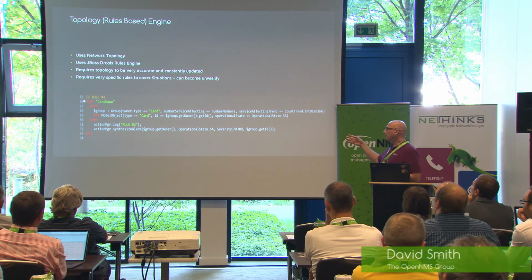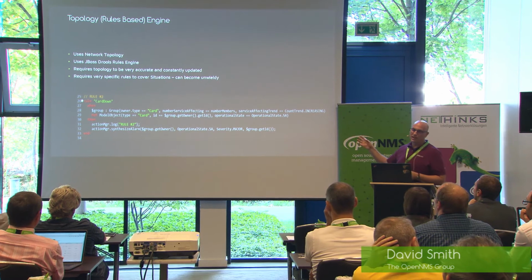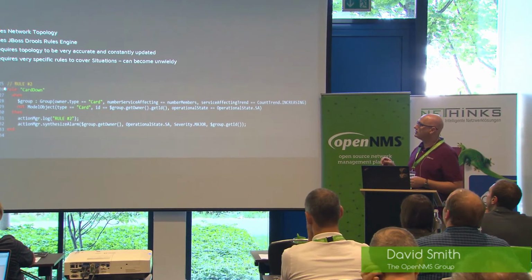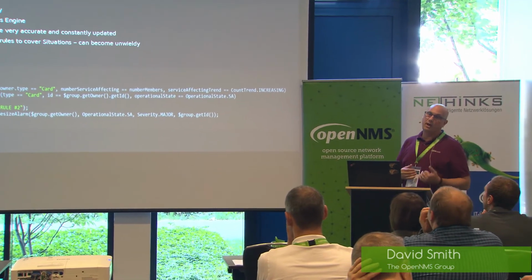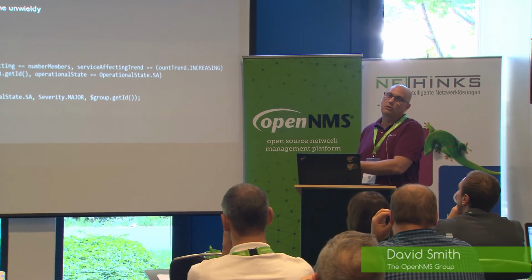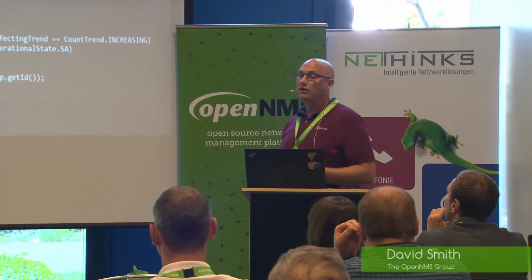The point of putting this up was, I hope it looks really complicated. The rules-engine-based correlation engine is really complicated. What ends up happening is you have to write very edge-case-based rules in order to cover all of your scenarios. It also relies on your topology being very correct.